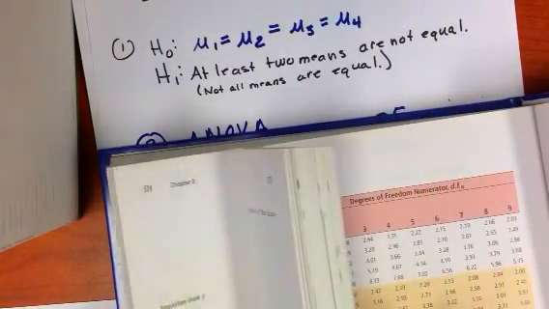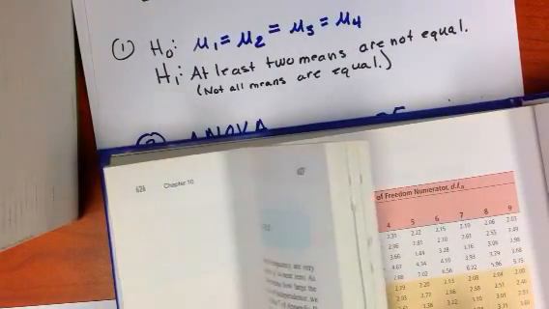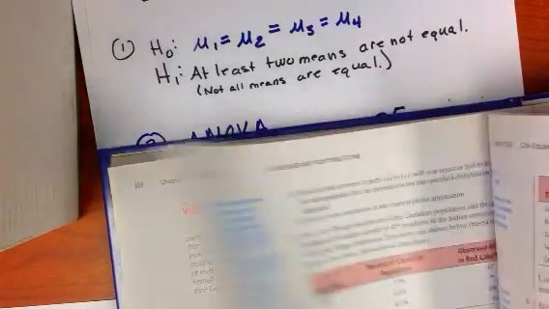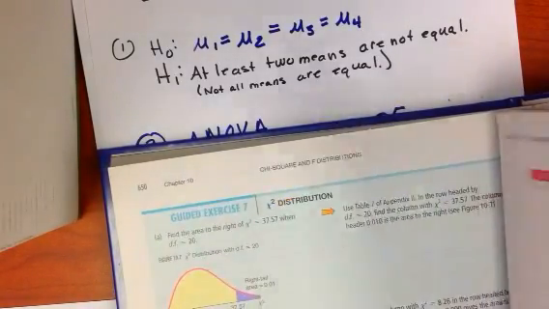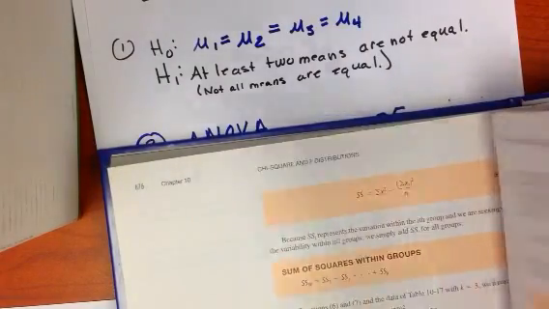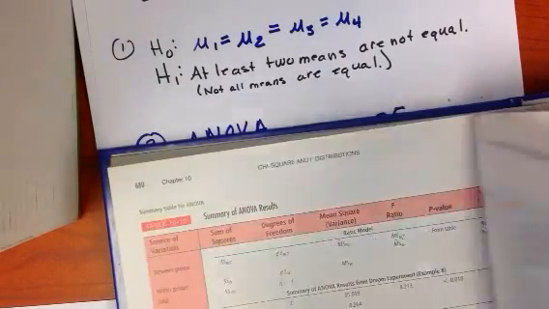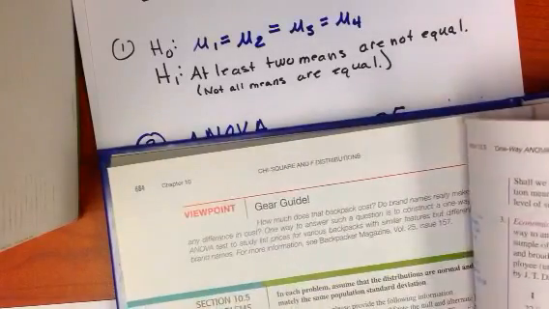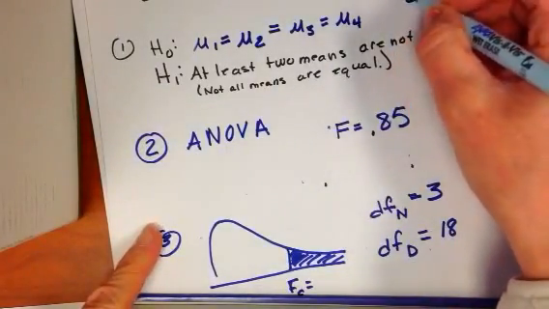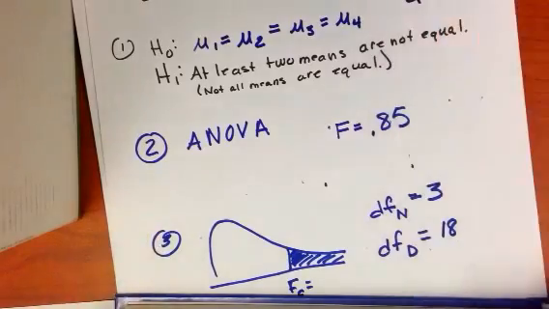Let's go look it up real fast. That's why you're supposed to write it in step 1. Alpha is 0.05, the level of significance.